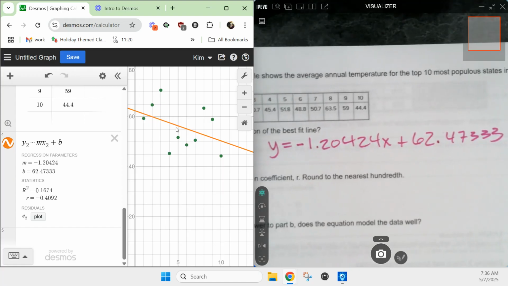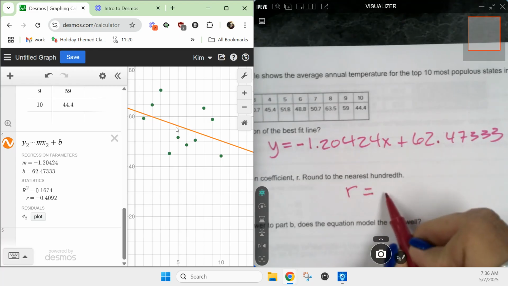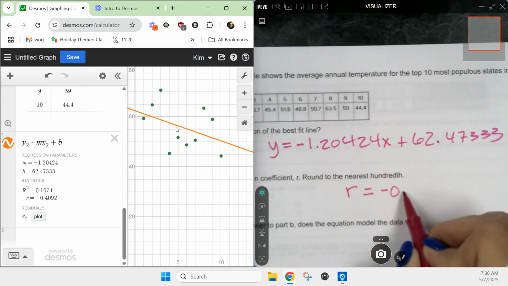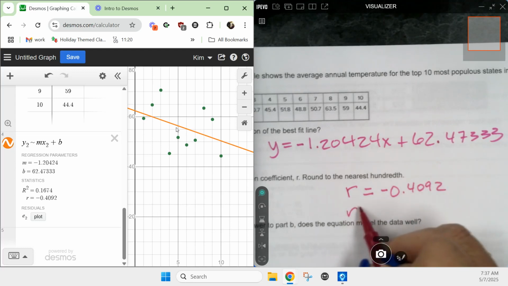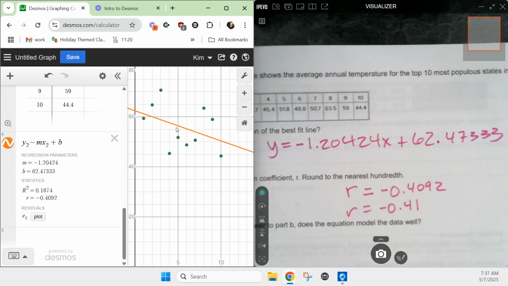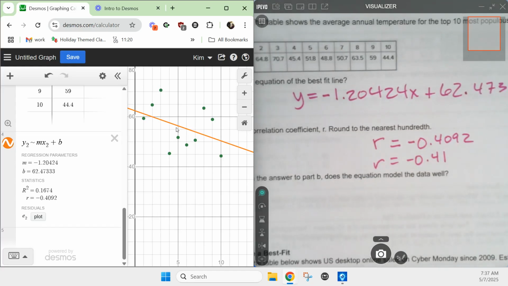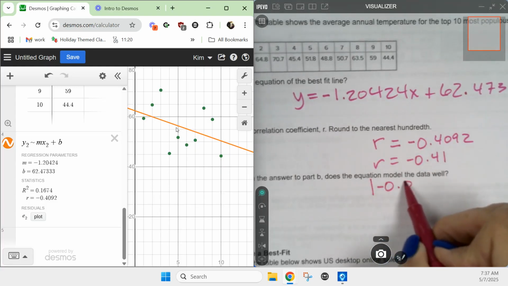Okay, and then it wants our R value. So I look at our R value, it says -0.4092, but I'm supposed to round it to the nearest hundredth. Forgot to do that on the last one. So there we go. Then it's asking us, is it strong, weak, or moderate?